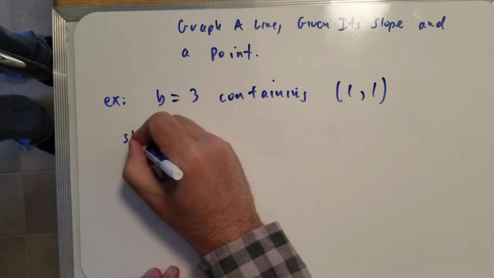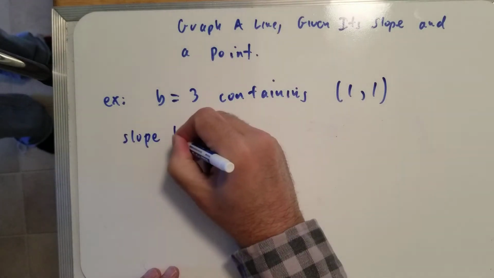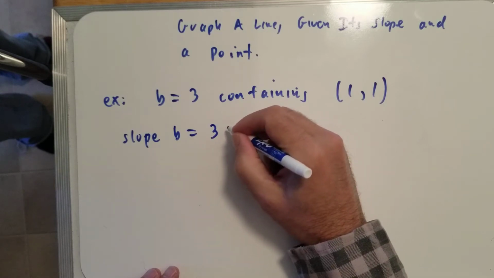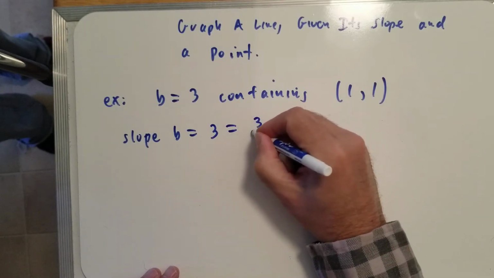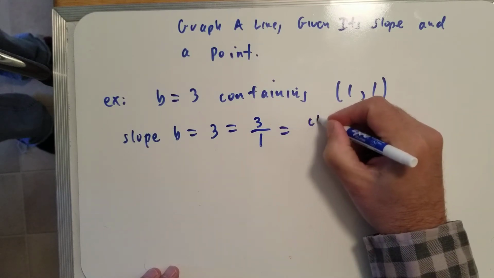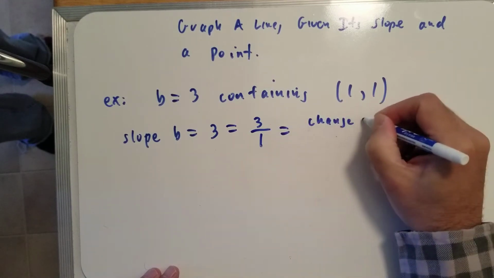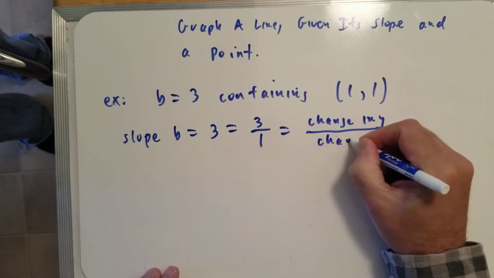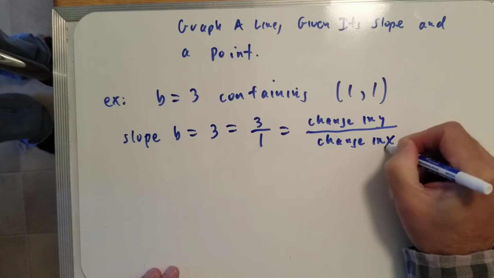So the slope m is equal to 3, which is equal to 3 over 1, which is equal to the change in y divided by the change in x.